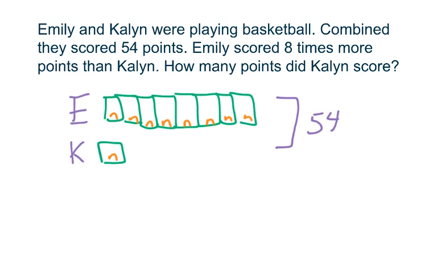And when I count all of my n's together, my equation I would write would be n times 9, or 9 times n, it doesn't matter, equals 54. I have 9 total n's. Then I have to solve for my n. I have to think about my multiplication. 9 times what gives me 54? Well, 9 times 6 gives me 54. So my n is equal to 6, and I'm going to replace it in my model.